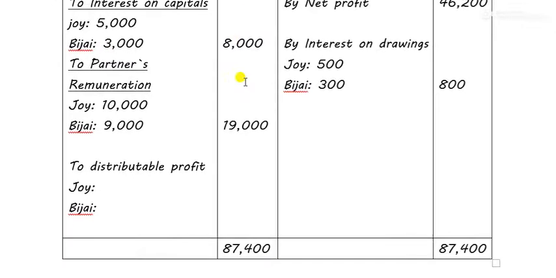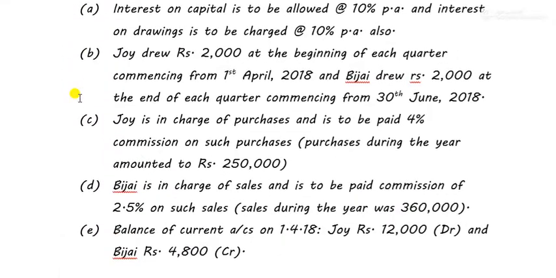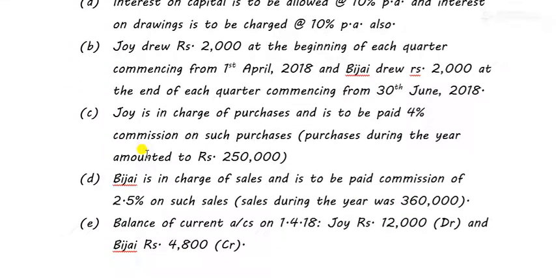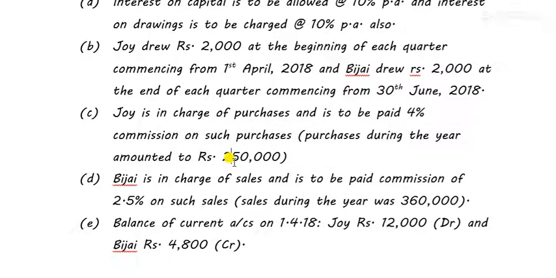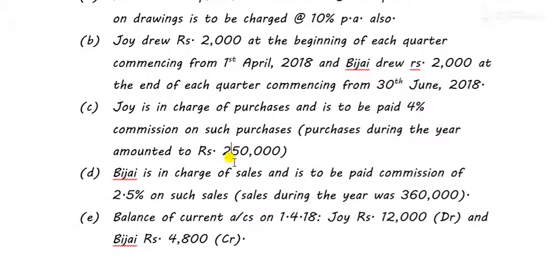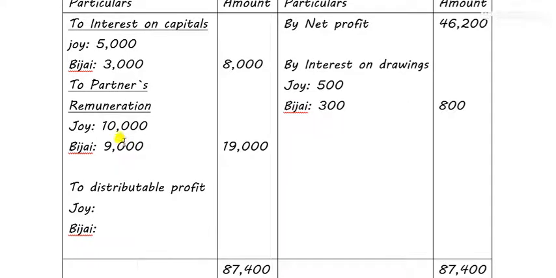Next, we have partners' remuneration. Joy is to get commission on purchases, 4% of total purchases. Total purchases 2,50,000 into 4% means 10,000. So 10,000 is recorded here.